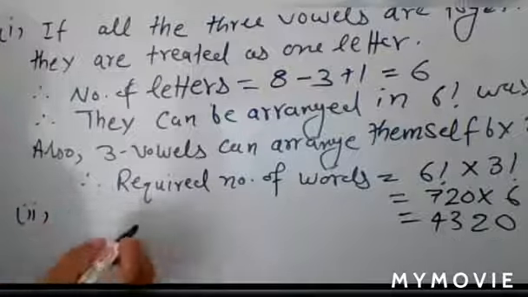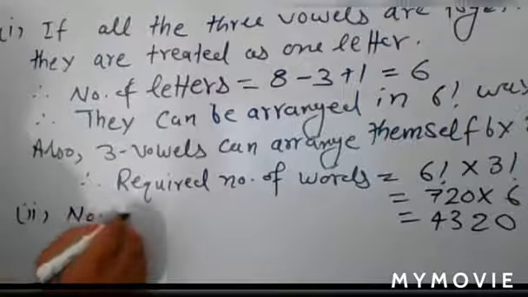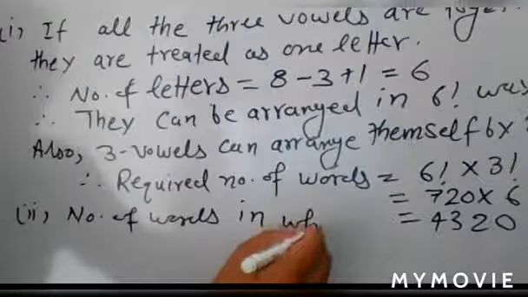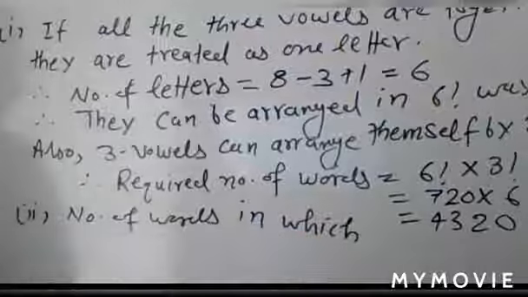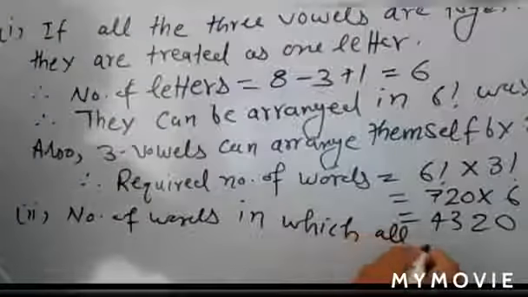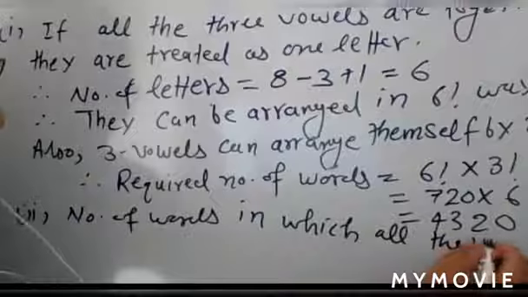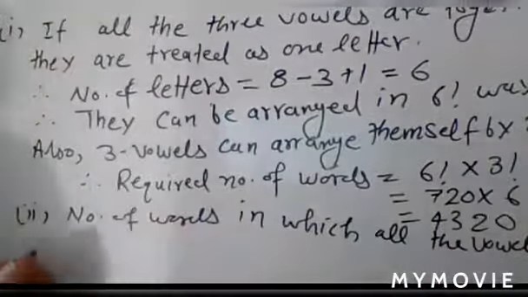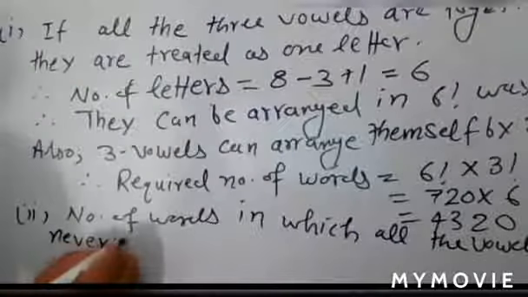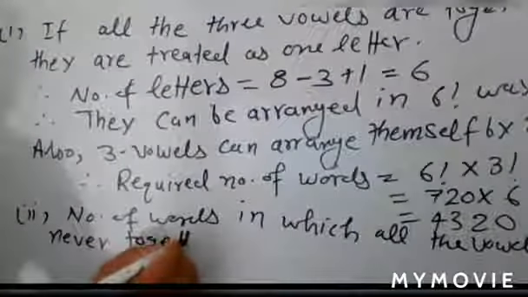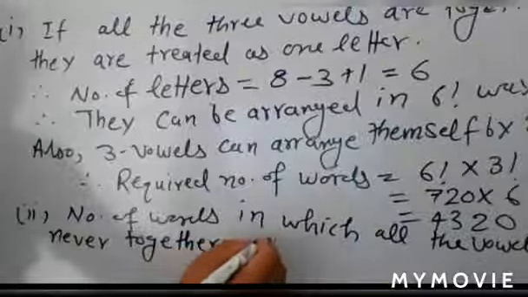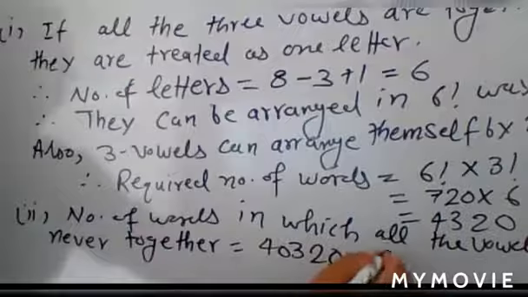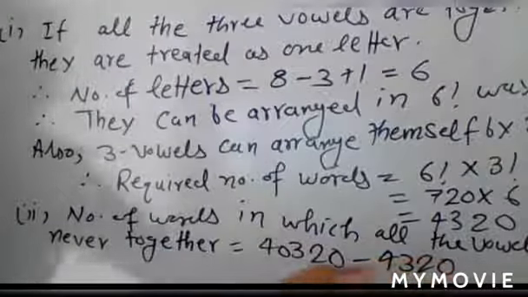Okay, so you write, number of words in which all the vowels are never together is equal to 40,320 minus 4,320.